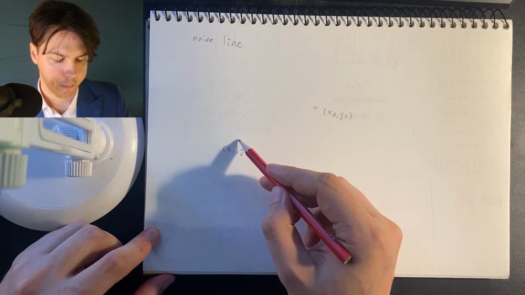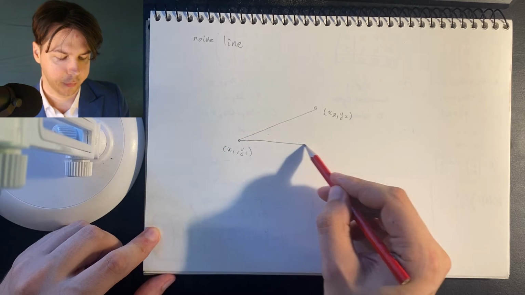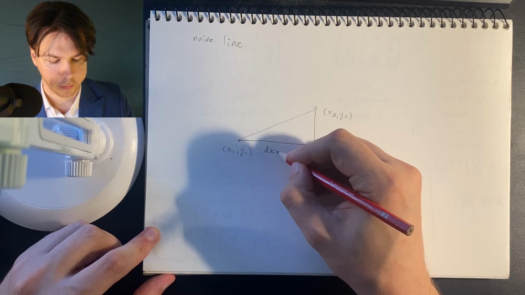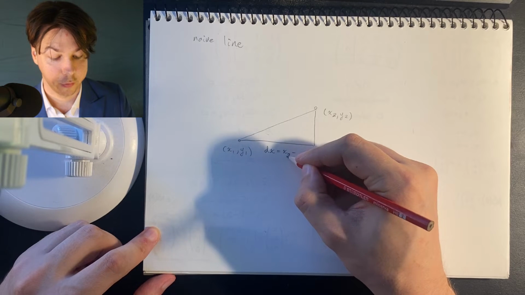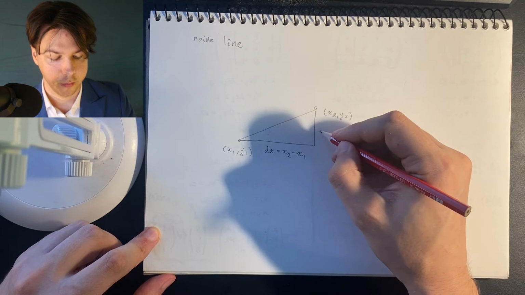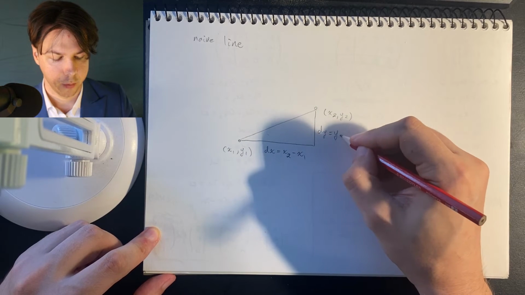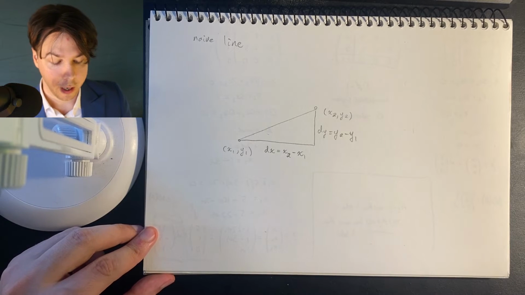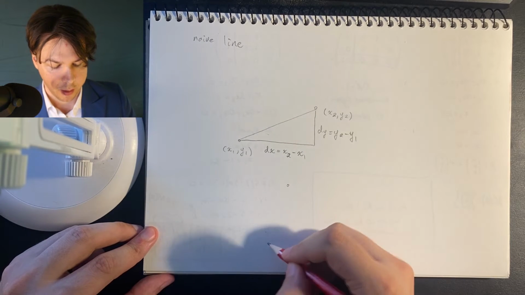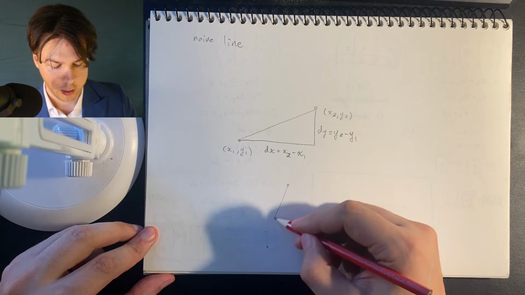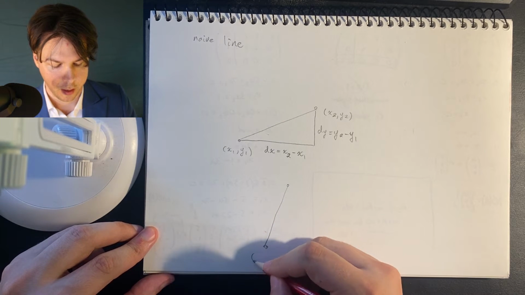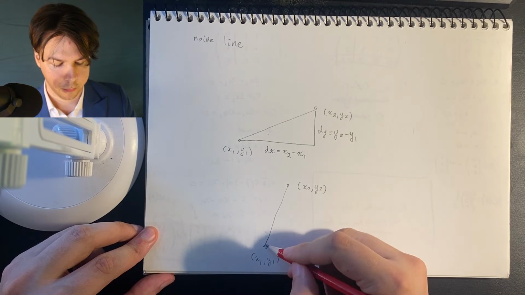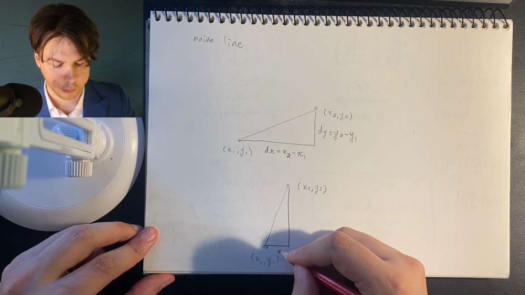That is where the dominant axis, the dominant direction, is the x, because the change in x given by x2 take x1 is greater than the change in y given by y2 take y1. Now, that's one scenario. The other scenario is a steep line where the y separation is the greater of the two. So we'll have our x1, y1, x2, y2, and similarly our x difference.